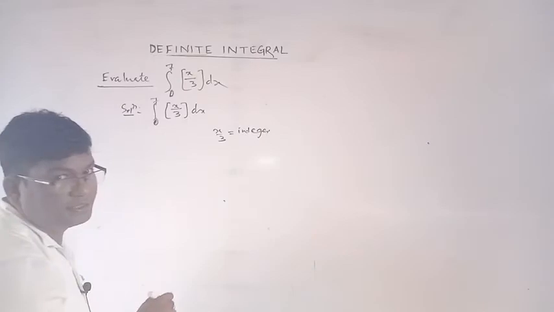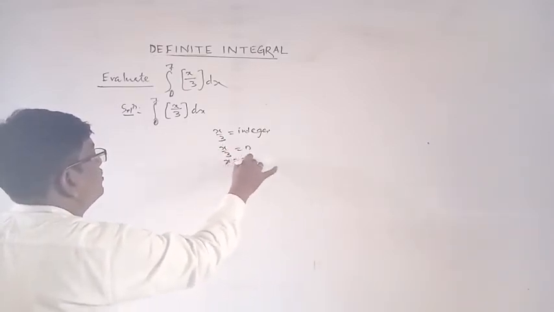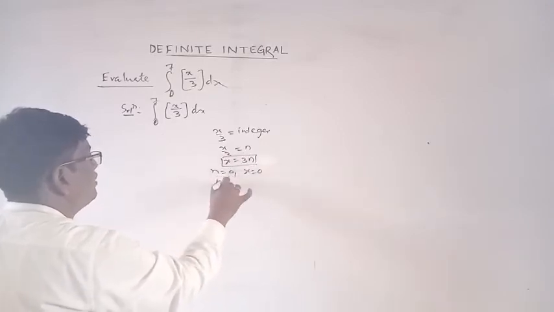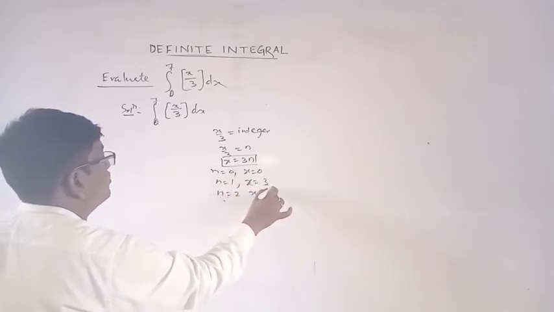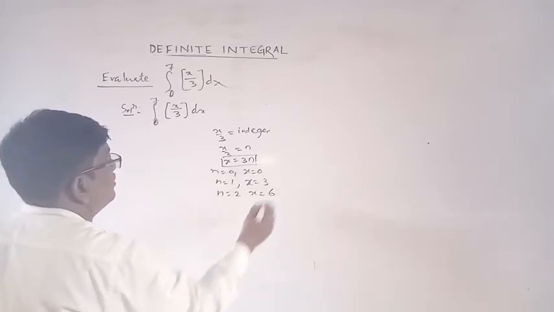This is the concept: x/3 is equal to an integer. Suppose x/3 equals n, so x is equal to 3n. For n equal to 0, x is 0; n equal to 1, x is 3; n equal to 2, x is 6; n equal to 3, x is 9. So this is required.